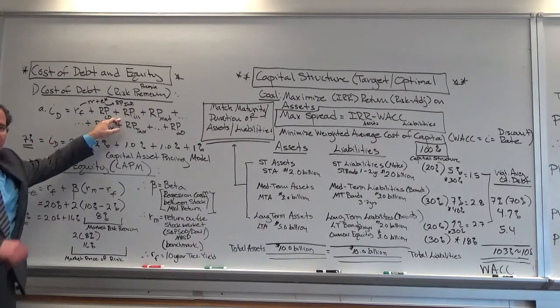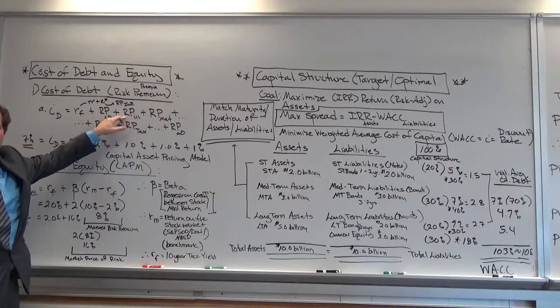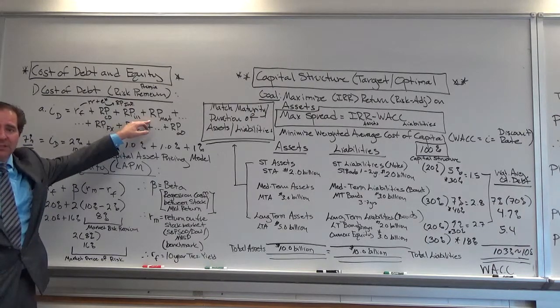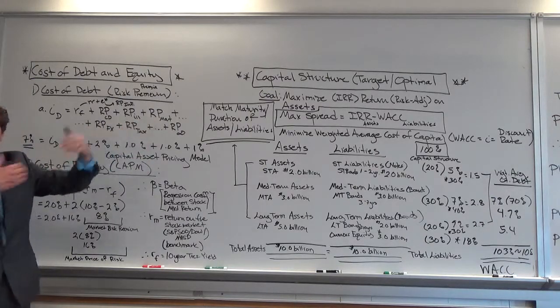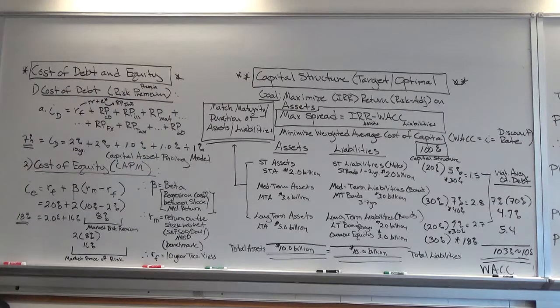Then our bonds don't trade a lot in the market, so they're illiquid. So if the investors want to sell the bonds, it's going to be really hard. So they want a premium to compensate for that risk. And then since we are issuing 10-year bonds, there's a longer maturity, we need to be compensated for that long maturity because a lot can happen in those 10 years to the company.